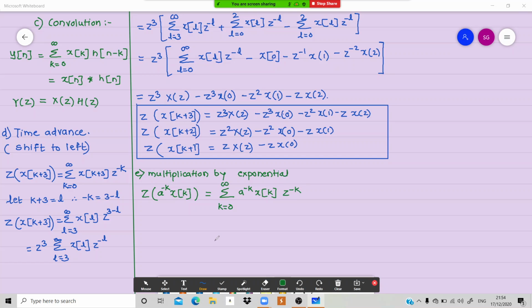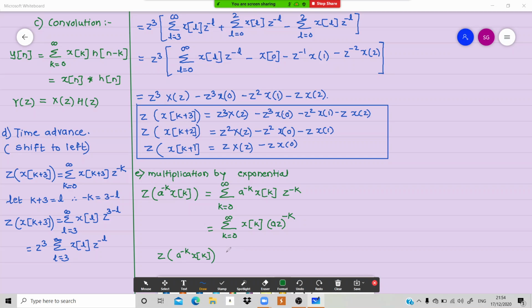This is by the definition, correct? So if I want to write this, summation k equal to 0 to infinity, your signal x(k), and now instead of z, we are having az raised to minus k, correct? So very simple, we can write it as the z transform of the signal multiplied by a raised to k, any exponential term, right?